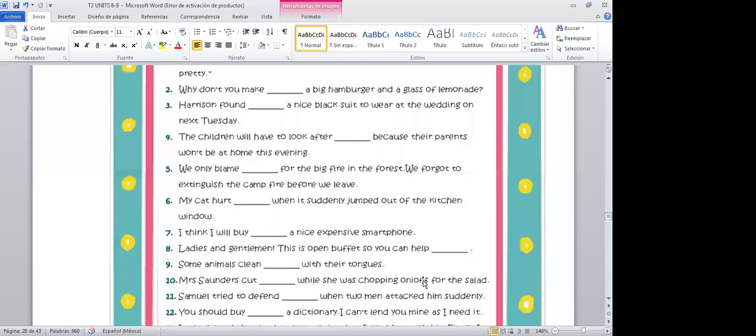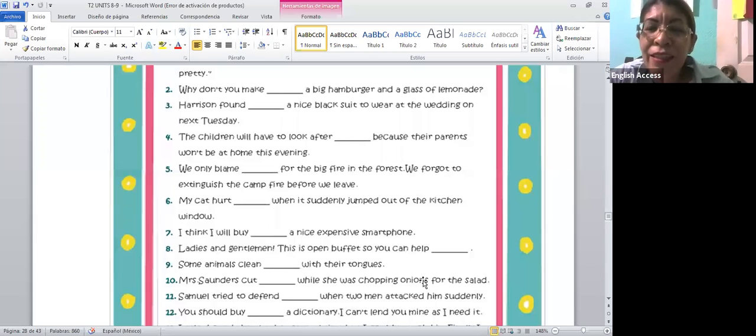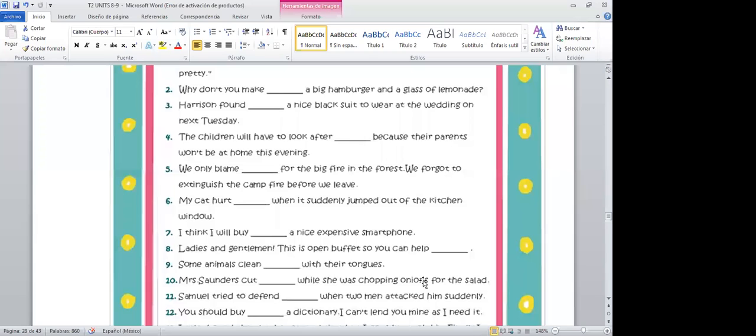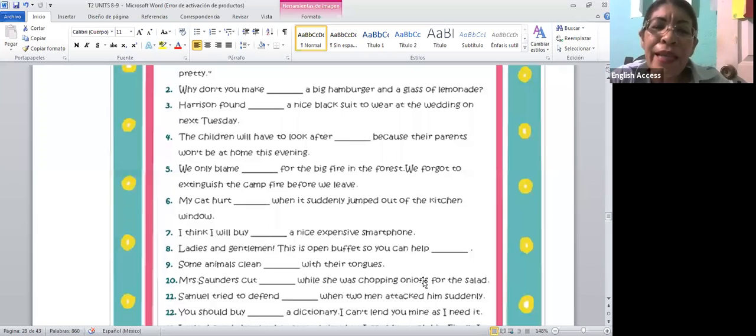My cat hurt itself when it suddenly jumped out of the kitchen window. Yes, my cat hurt itself. So it means that it was an accident. Nobody did it. It was the cat alone.